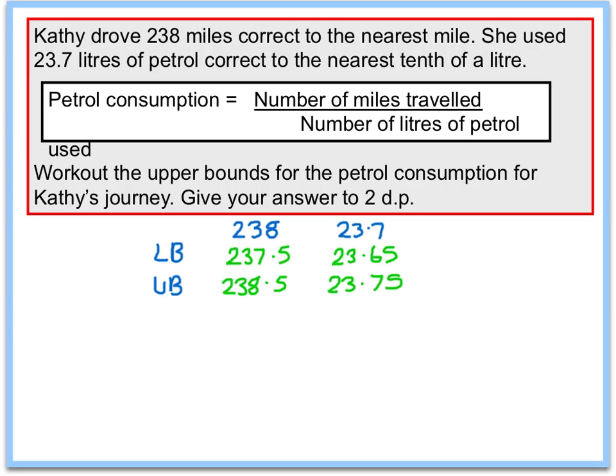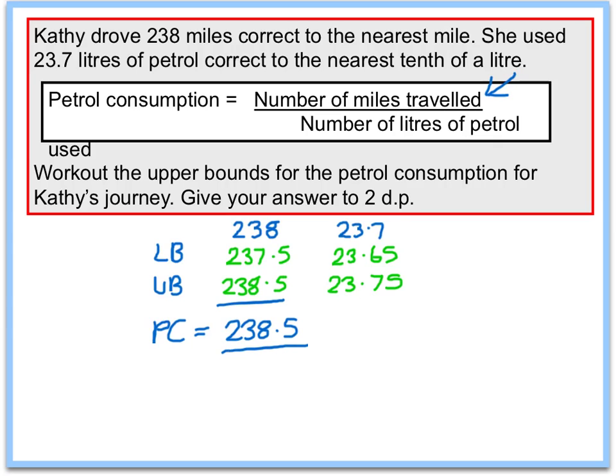So let's go back to the formula for working out petrol consumption. We're looking for the upper bound here, so the highest possible answer that we're going to get from these numbers. So number of miles travelled divided by number of litres used. Now, to get the biggest possible answer, I need the number on top to be as large as it possibly could be. So the number of miles travelled has to be this upper bound here, 238.5.